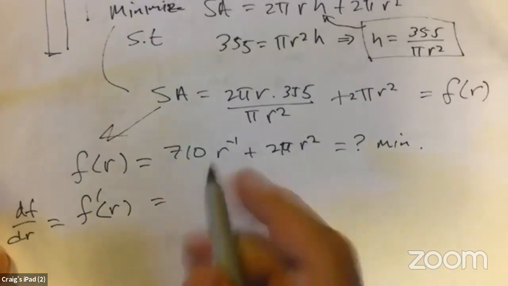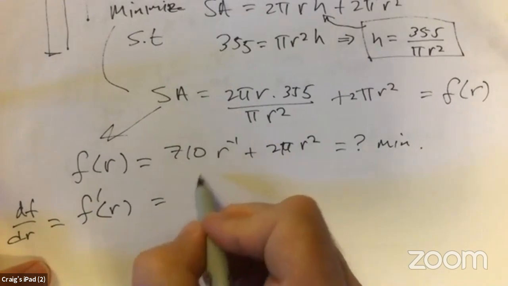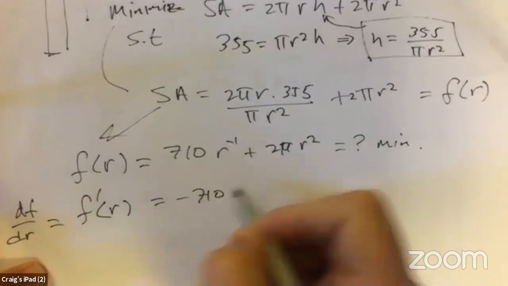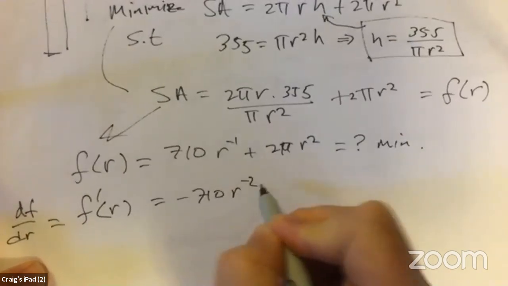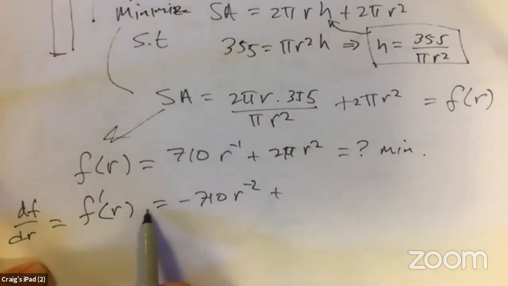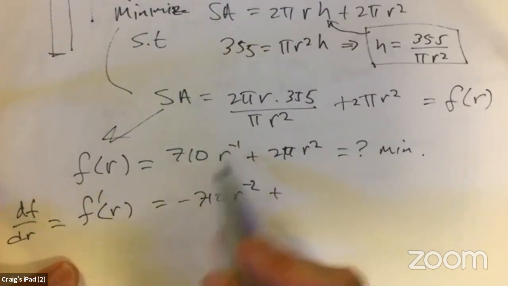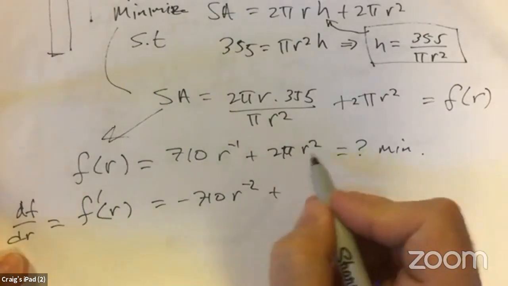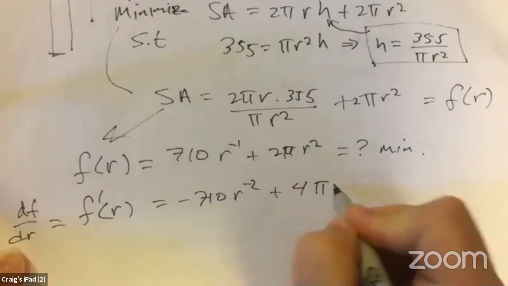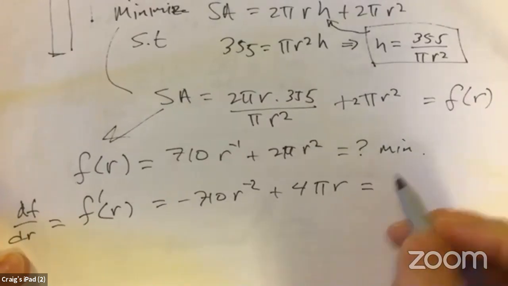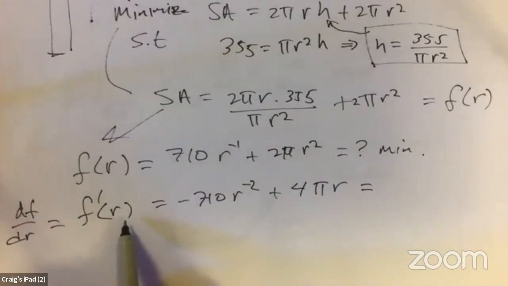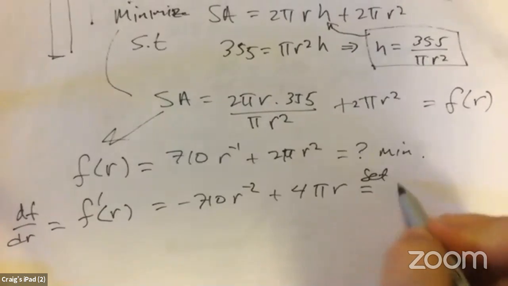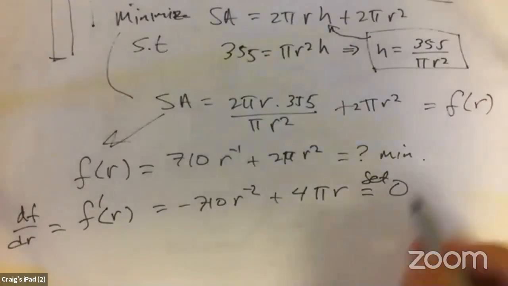Okay, and we just have now minus 710 r to the minus 2, and that's it. No dr dt, right? Plus now 4 pi r, and that's our derivative. Now I'm going to set that equal to 0 and solve for r.